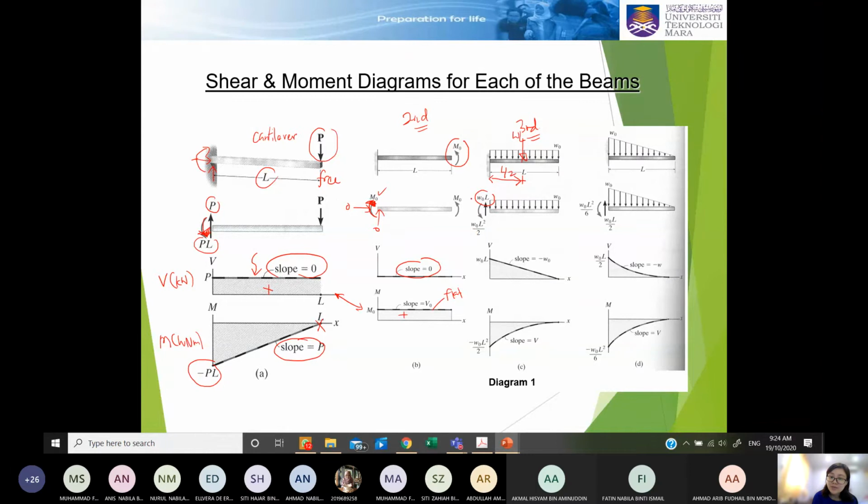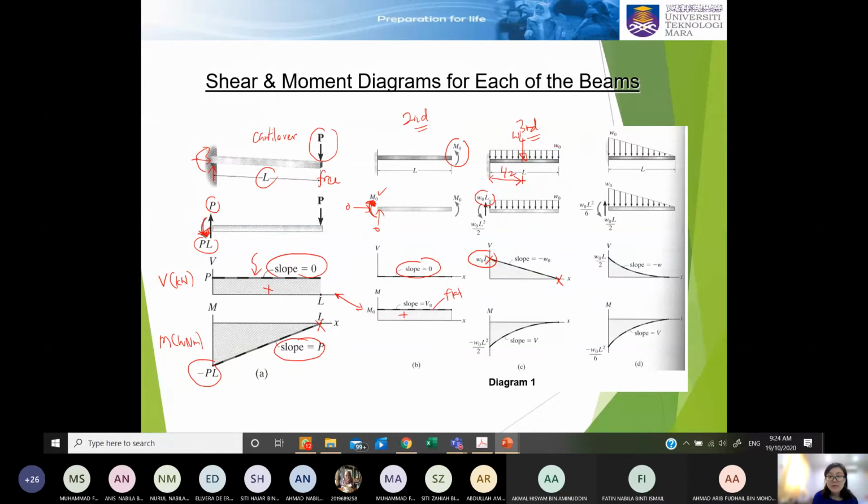Once you get this support reaction, you can plot the shear WL here, and you need to minus the W naught, because this is your starting point of the shear. When there is a downward force along the L, it will be minusing the shear until the end of this length.